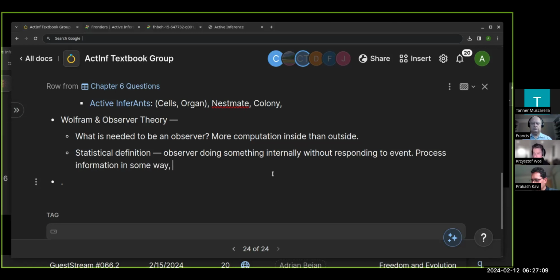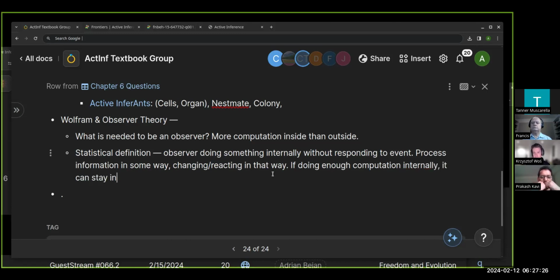And as long as it's doing enough computation on the inside, it will basically become statistically independent, because you can no longer, using simple statistics or any kind of statistics, really model what it is doing internally. And these things seem to arise naturally as any kind of complex systems interact.